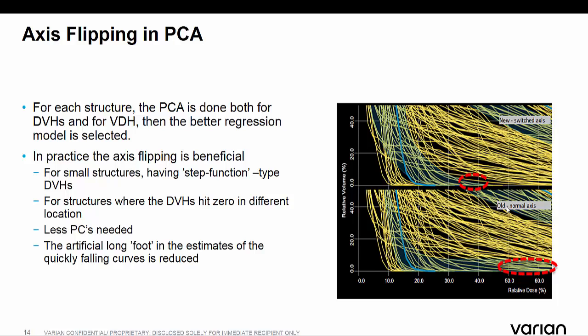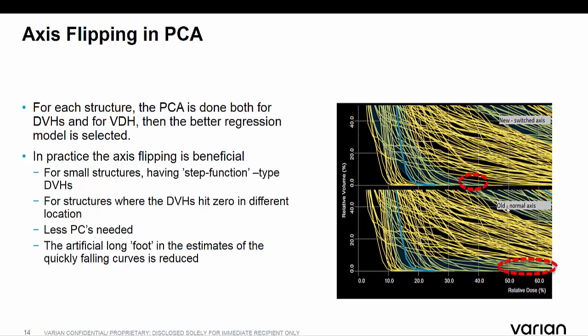Thus, the PCA regression model is trained separately using both interpretations. The model with a better coefficient of determination is selected by the system. Small structures typically benefit when the principal component analysis is made based on inverse DVHs.